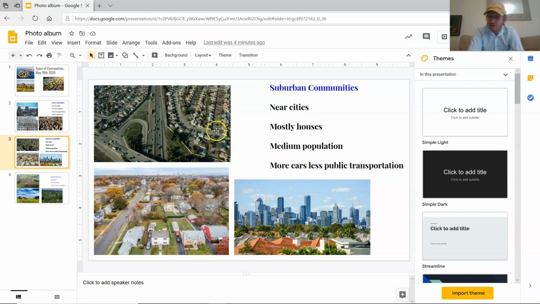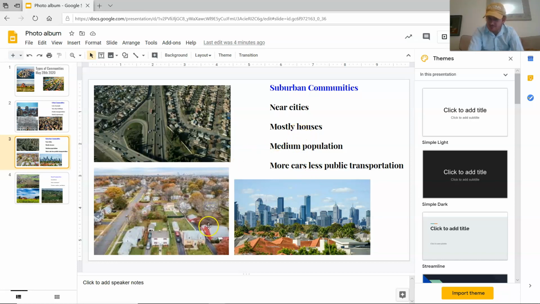So I have some pictures of a suburban community. They're near cities, so this is what it might look like if you were in a suburban community. You would live in one of these smaller houses, but pretty close by you could see the big city. It's mostly houses.